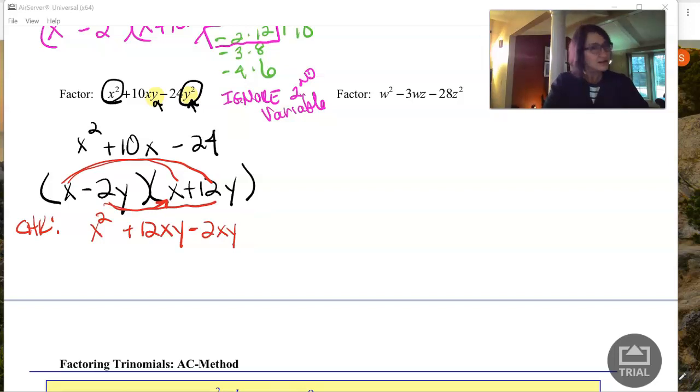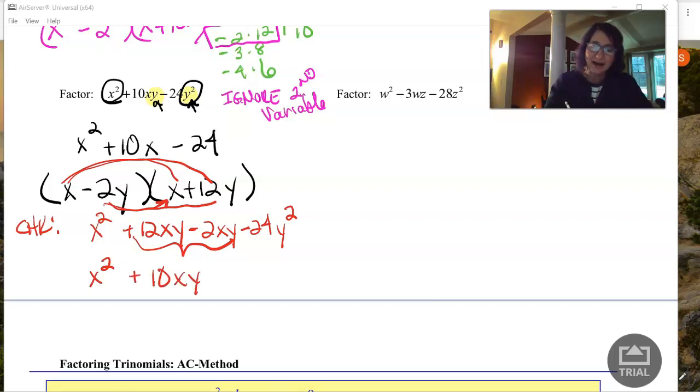Negative 2y times positive 12y gives me a negative 24y squared. My middle terms can be combined because they're like terms. So I end up with x squared plus 10xy minus 24y squared. That's exactly where we started.